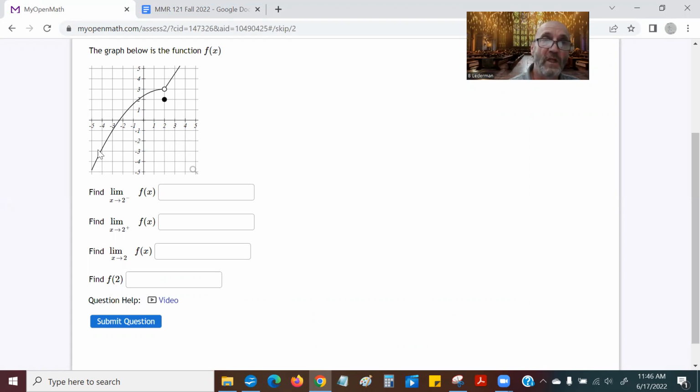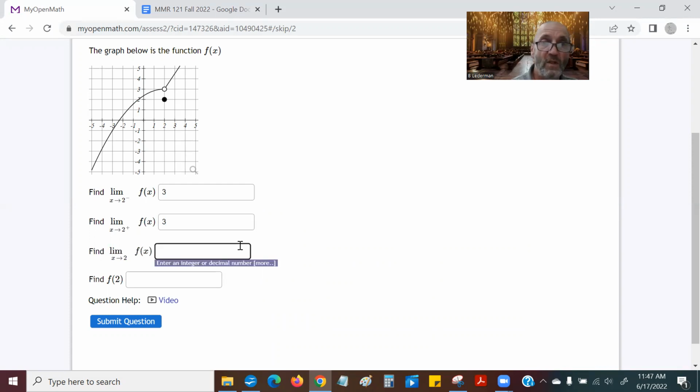As x approaches 2 from the negative side, I'm getting closer and closer to 2, and y is getting close to 3. So I'm going to put a 3 over here. And coming from the positive side, as x gets closer and closer to 2, y also gets closer and closer to 3.